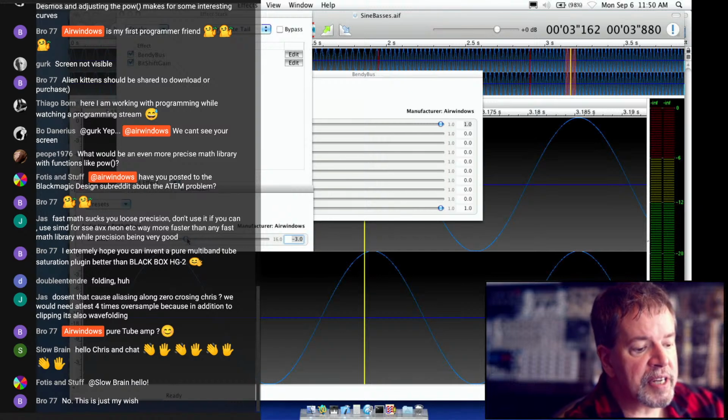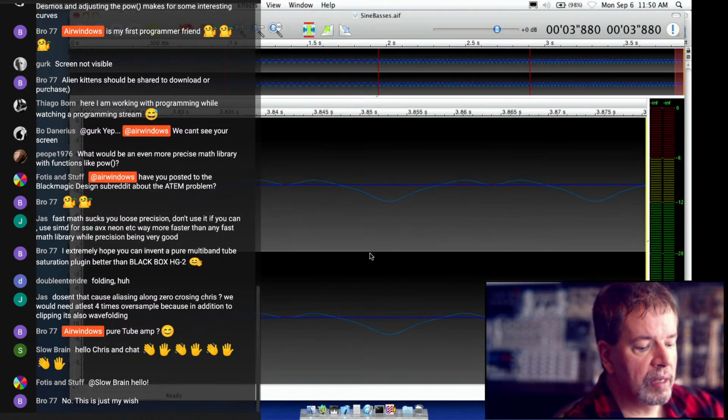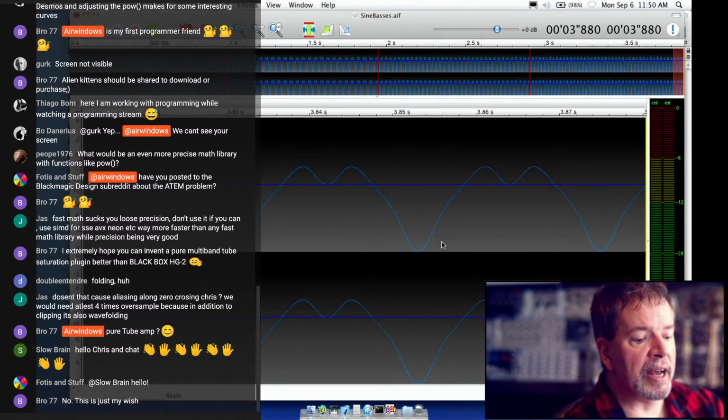Let's go 3 bits down and then normalize it back up later. And apply and close. And check that out. And now if I normalize it so we can see the full size, that's what we had.